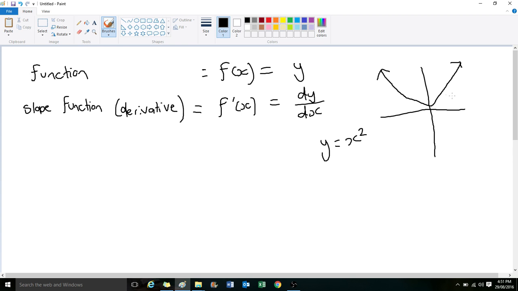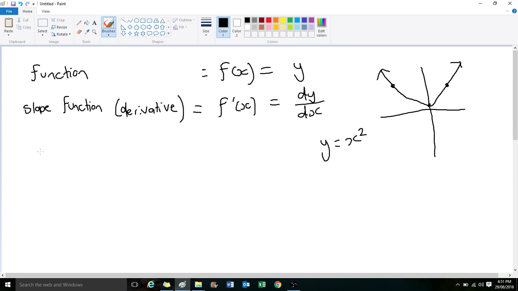If we look at the function y equals x squared, we can see that the slope, the rate of change at this point, is going to be different than the slope at this point, and different again at this point. So we can calculate the slope function, and use it to calculate the slope for any value of x. So let's do an example.